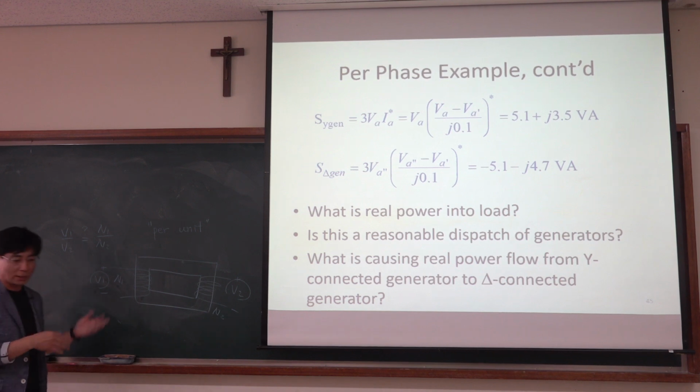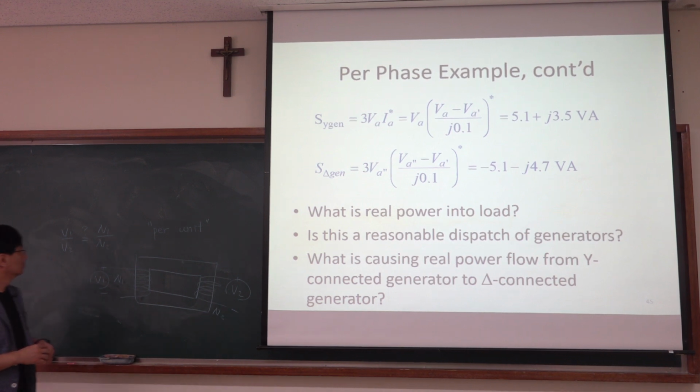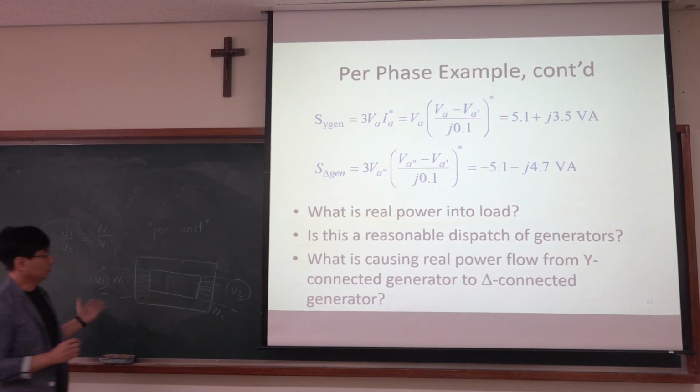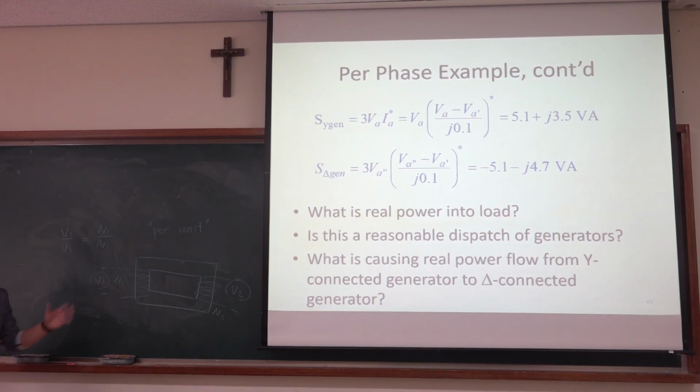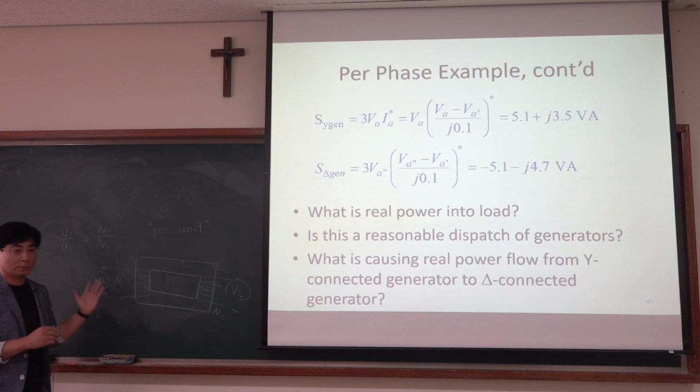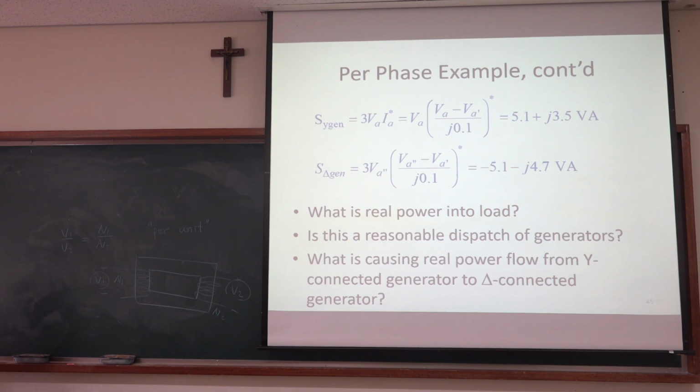Yes, we are talking about the ideal case. So this is possible because we are using what? This kind of transformation of voltage is possible because we are using what?